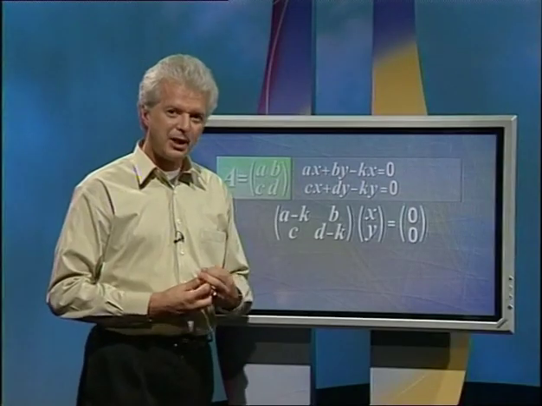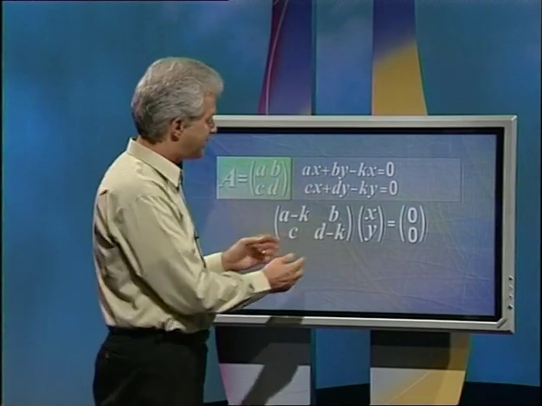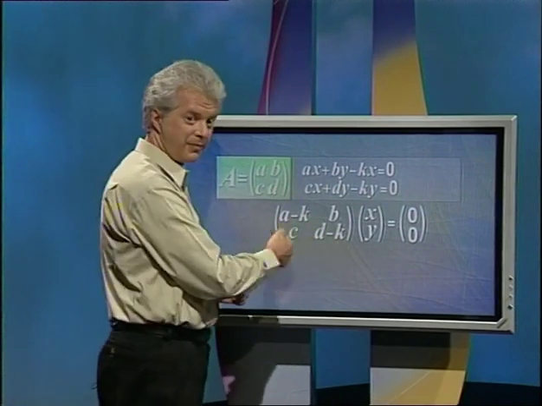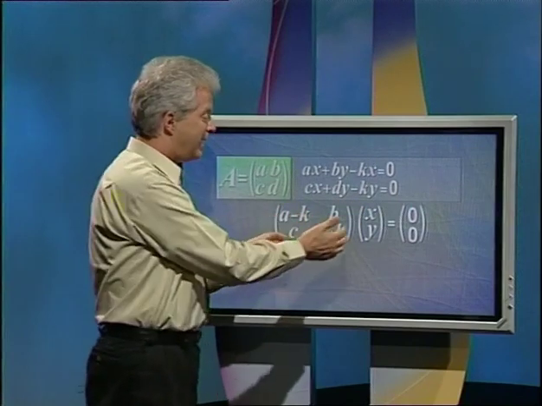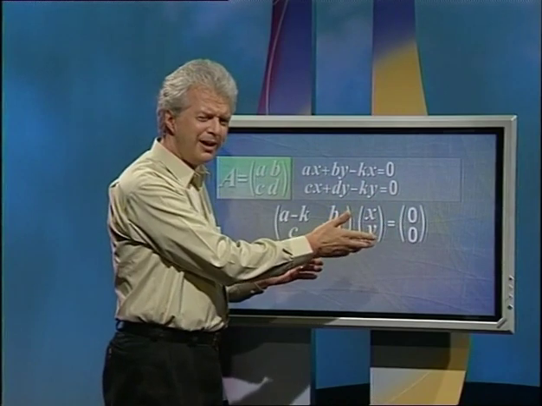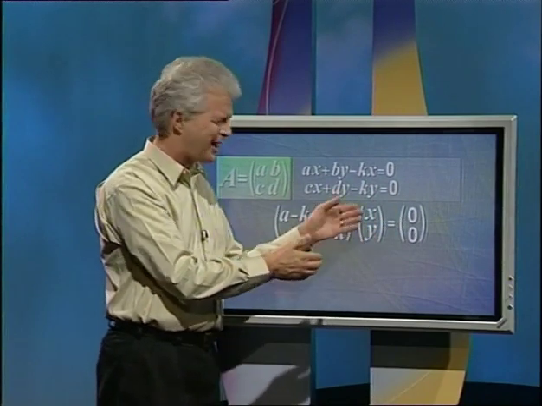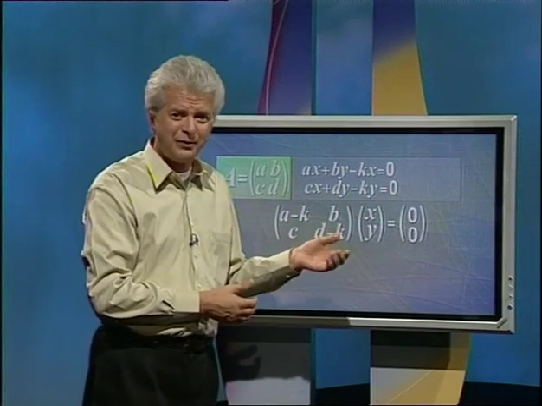You might remember from your work in matrices that to solve an equation such as this, we multiply both sides by the inverse of this matrix. If you do that, it leaves you with (x, y) on the left equals the inverse times (0, 0), which is just (0, 0). And that isn't a very helpful solution. It's a trivial solution.